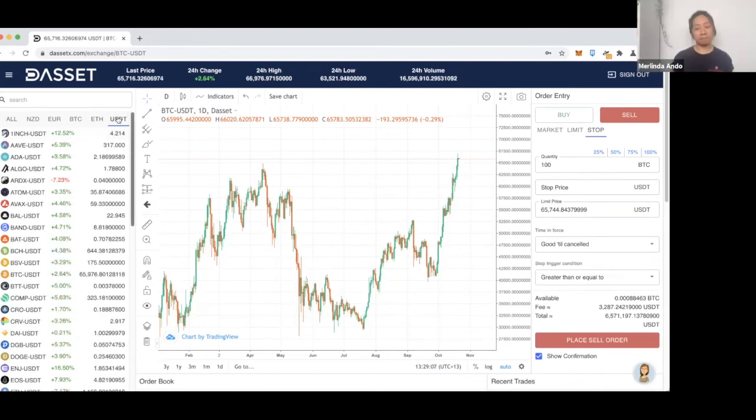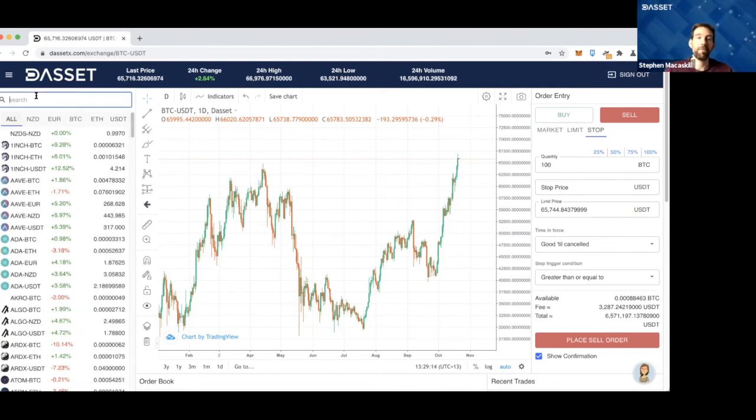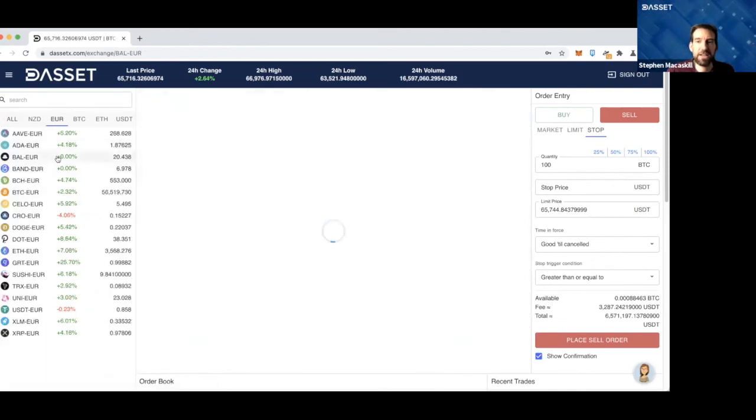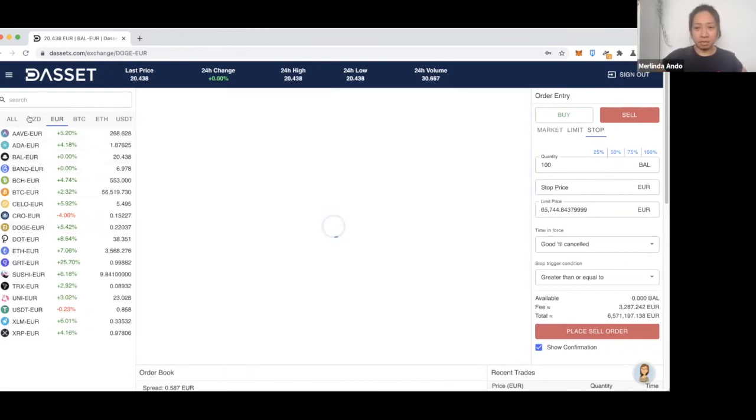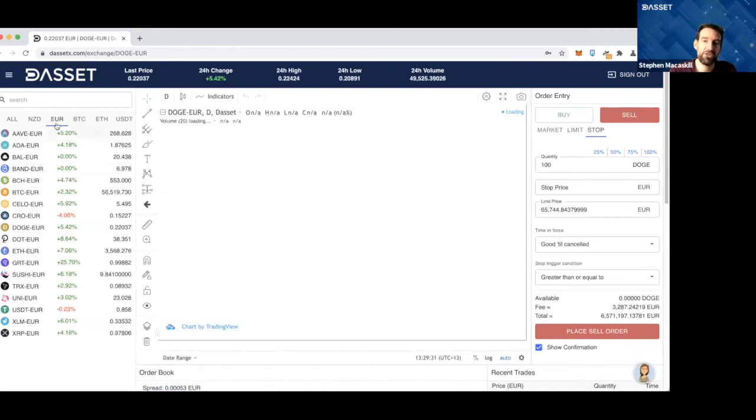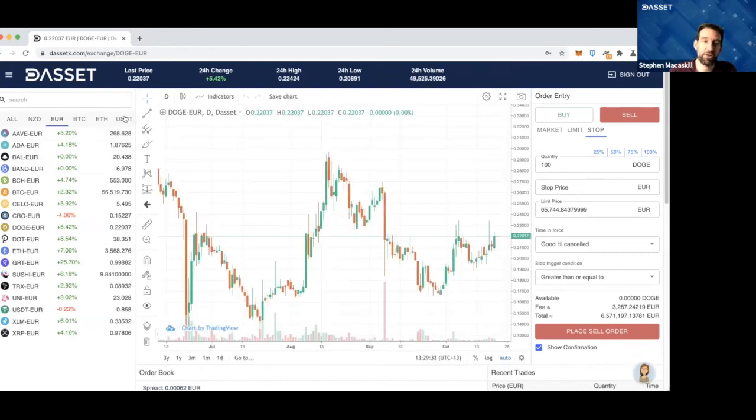So anything against Tether or USDC or Bitcoin or ETH. Let me just confirm, but it is not available for New Zealand dollars yet. It is something that we are working on, but you can do it for any crypto to crypto order.